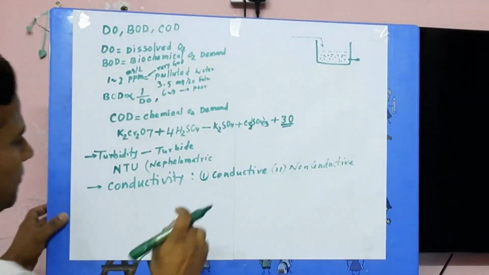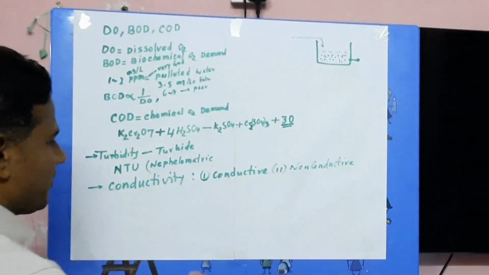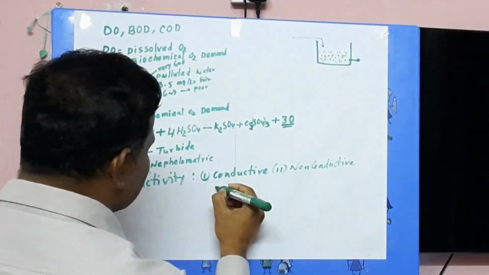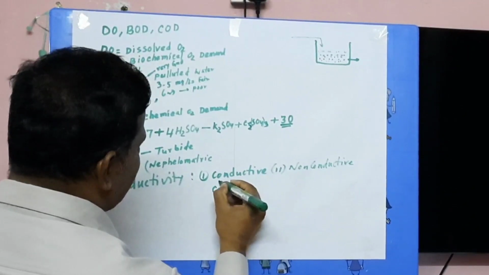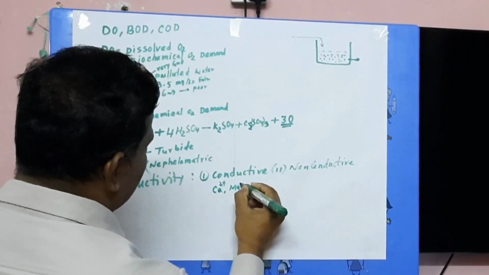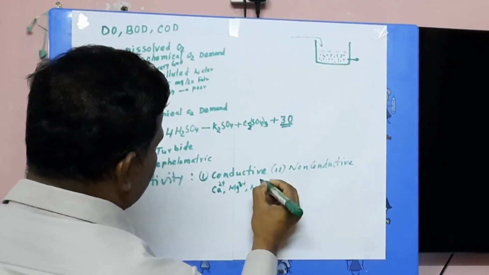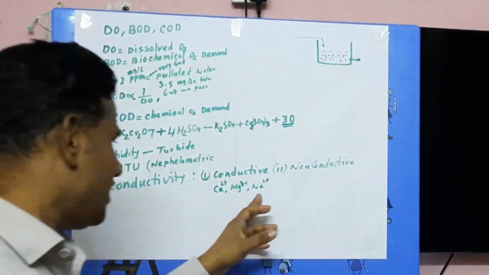So conductive compounds means in the water present hardness, meaning calcium, magnesium, sodium, etc. are present in the water.